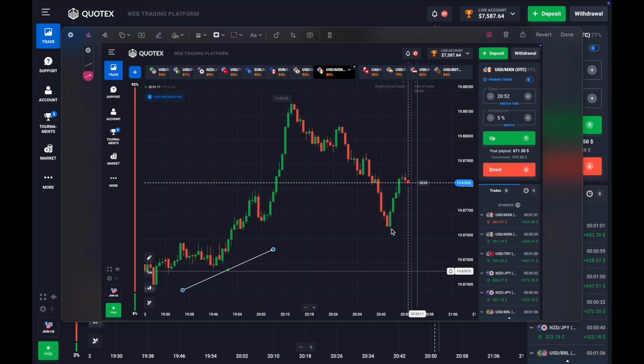So the market was in an uptrend, but there was a reversal from this point, correct? So the trend was continuing. If you see, the next target of the market was here, correct? And the trade we placed was with this green candle, which fulfilled the target of the market.